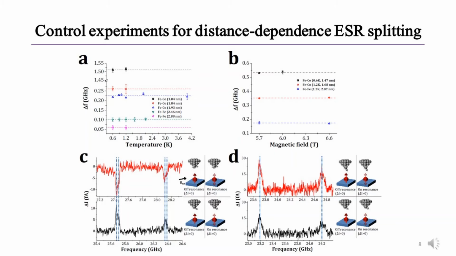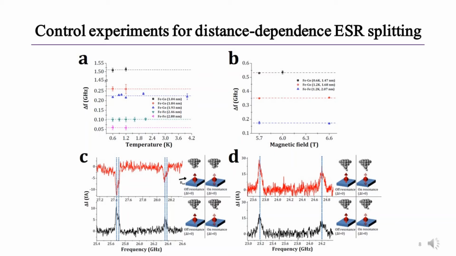And from these control experiments for the distance-dependent ESR splitting, we can find the ESR splitting delta F does not depend on parameters such as temperature and magnetic field for the ranges measured.